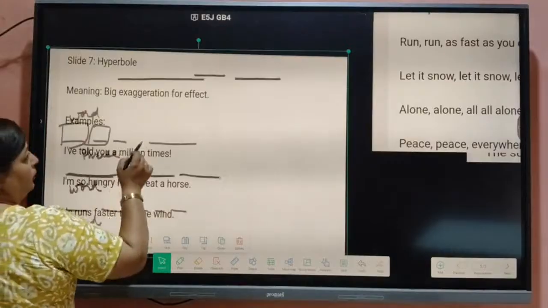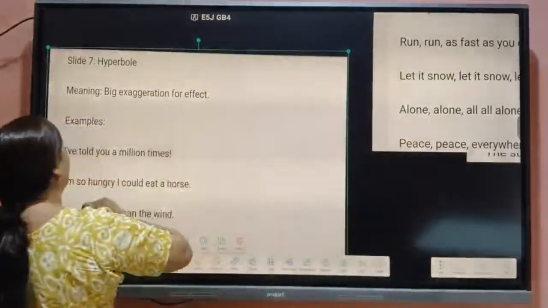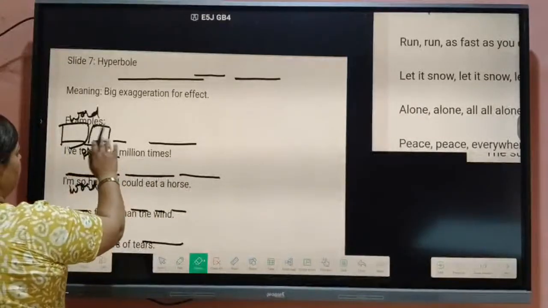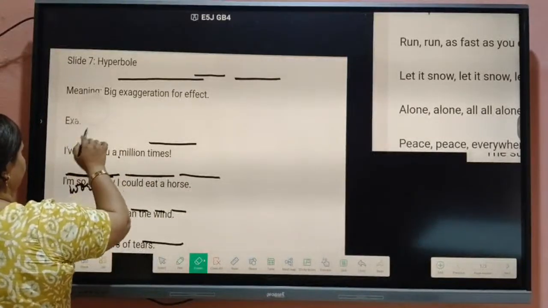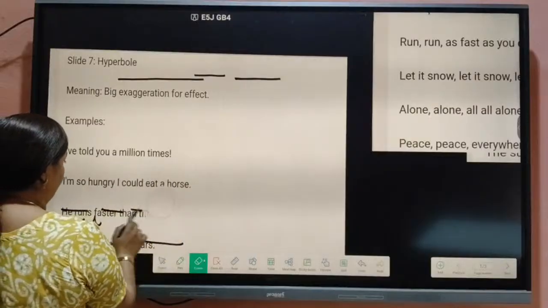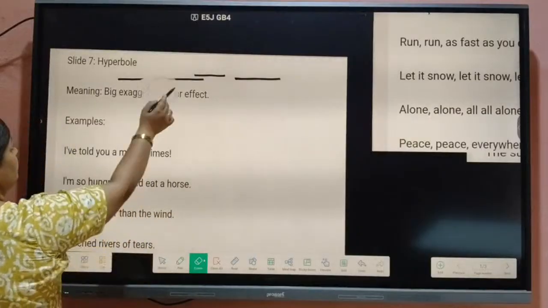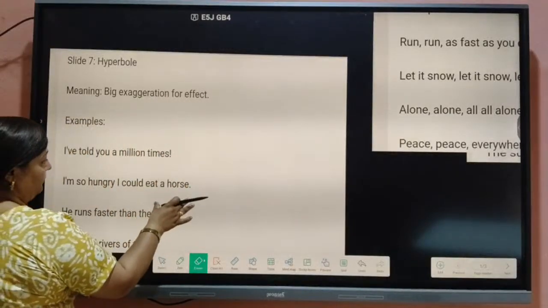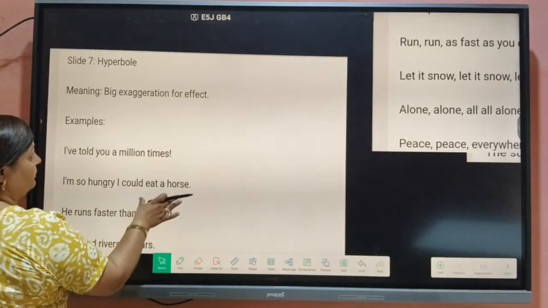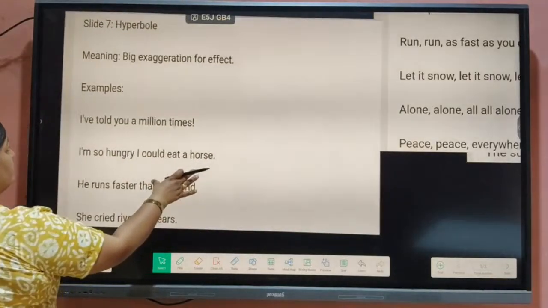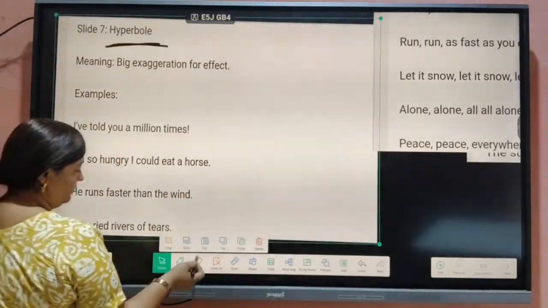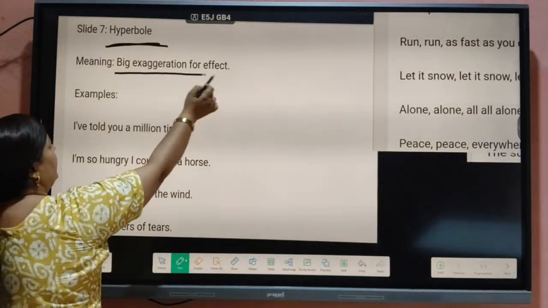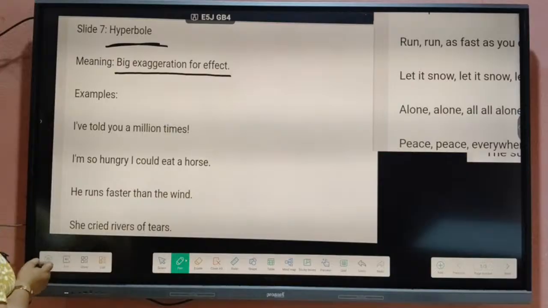Now we will learn about hyperbole. Hyperbole, what will be there? In hyperbole, there is big exaggeration for effect.